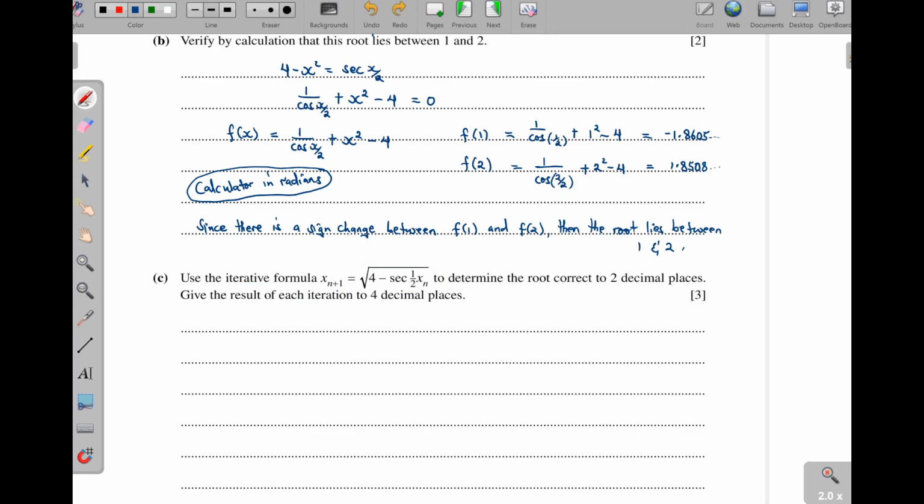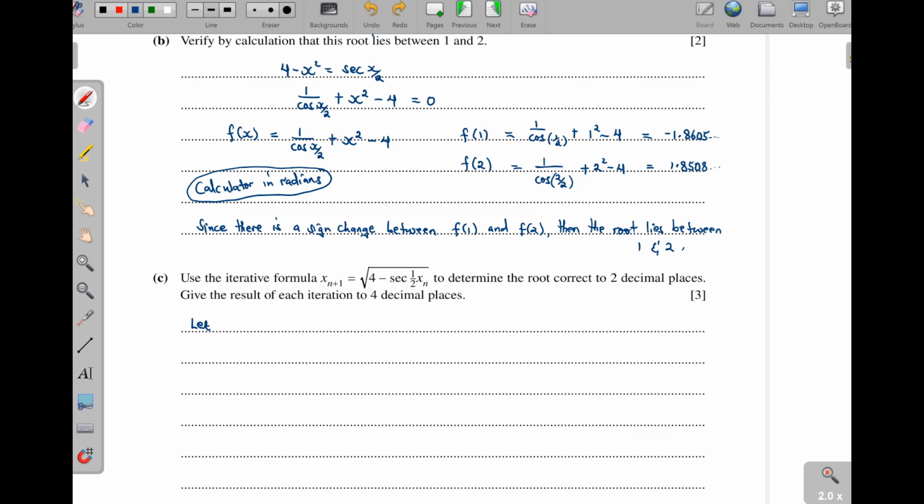Now, since it is in between 1 and 2, let the initial approximation be, because you have x1, this is x2, and it is in between the 2. So it can be here, it can be here. You can get the average, and you begin from the middle point so that you can draw closer to the root within a short time.